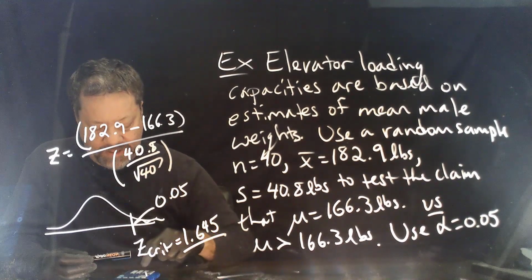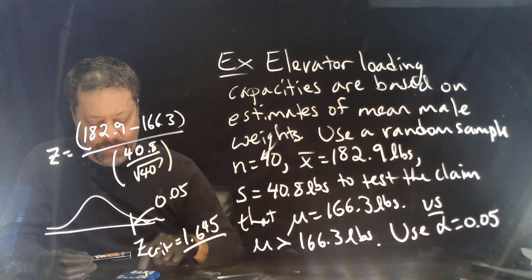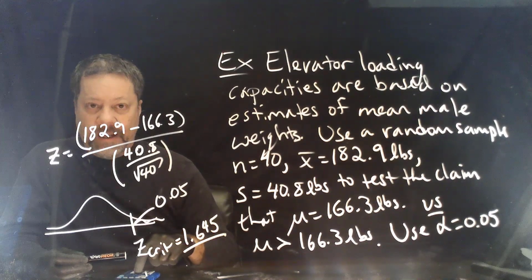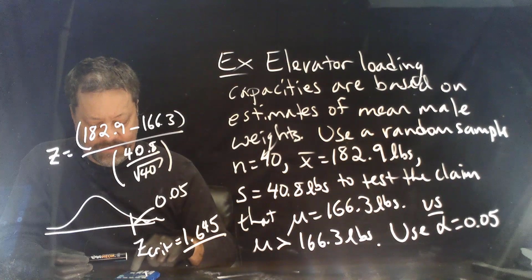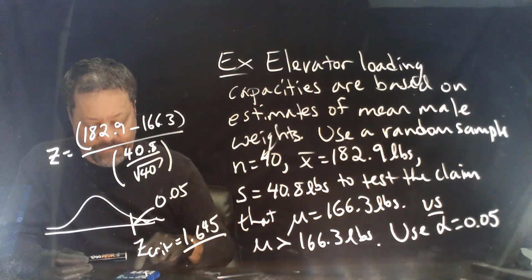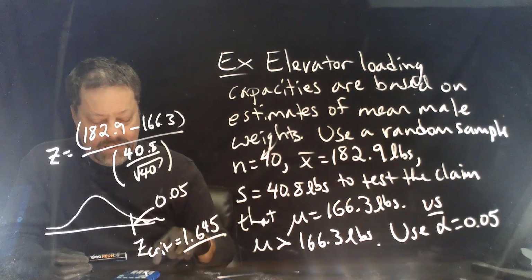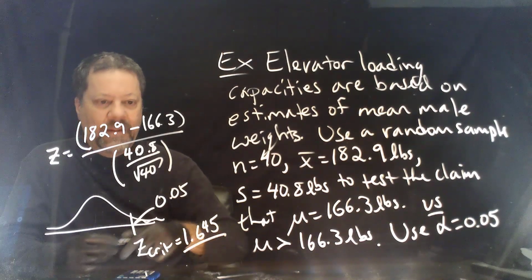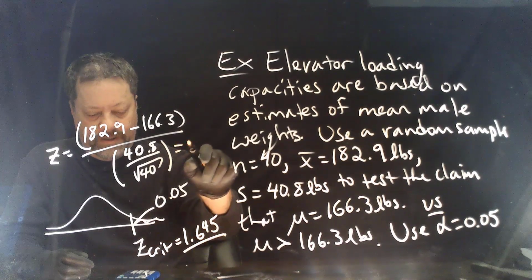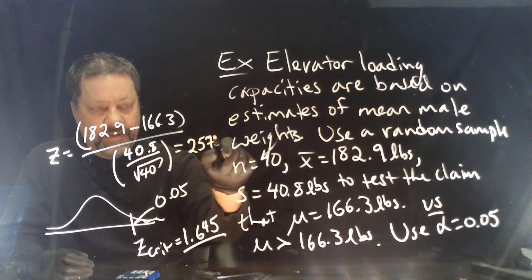Crunching those numbers on our calculator, we have left parenthesis, 182.9 minus 166.3, close parenthesis, divided by, open parenthesis, 40.8 divided by the square root of 40, close the square root, close the denominator, and we get a z-score of 2.573.